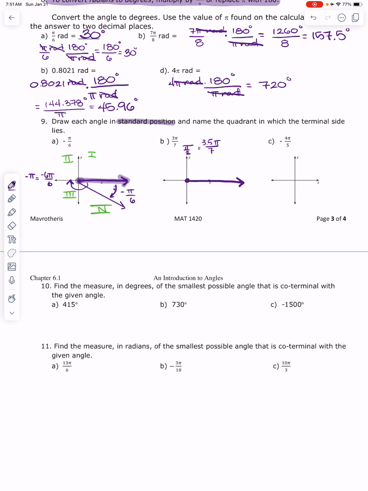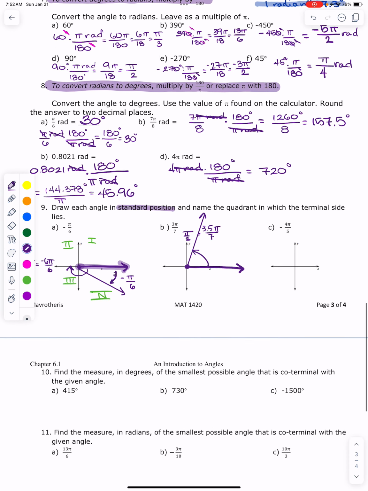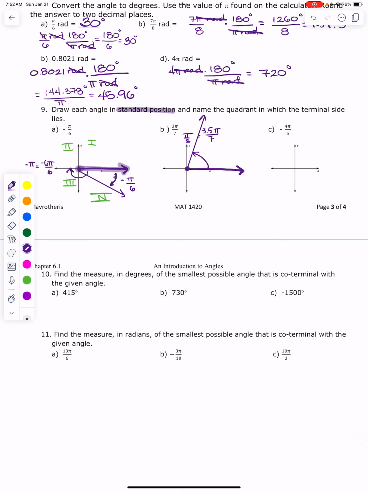So if I were comparing that pi over 2, my 90 degrees, to 3.5 pi over 7, 3 pi over 7 has got to be a little less than that, which means I don't go quite all the way to 90 degrees. So we are going to put that roughly here. Again, I'm not worried too much about exactly where it would lie. We just want that general picture. This is an angle with a terminal side in quadrant 1.